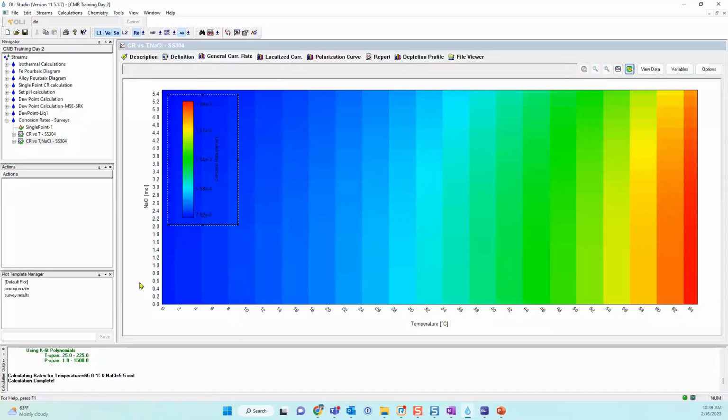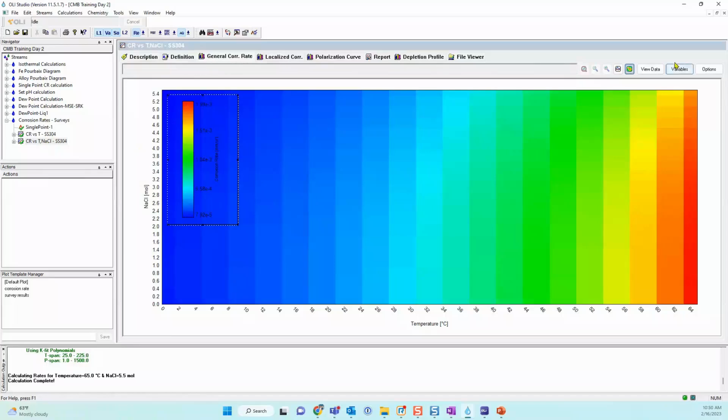And you can see that for this specific alloy at these temperatures, the corrosion rate is almost independent of the sodium chloride concentration, especially at low temperatures. So sodium chloride concentration is really not impacting the corrosion rates very much.